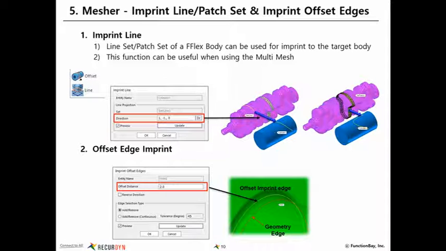Now going into this imprint line and offset edge imprint. When you have multiple bodies, this is especially useful when you're using the multi-mesh, which we'll talk about on the next slide. When you have multiple bodies, there's oftentimes features from one piece of the geometry that you want to include on the second piece of geometry, so that it is specifically included on your mesh.